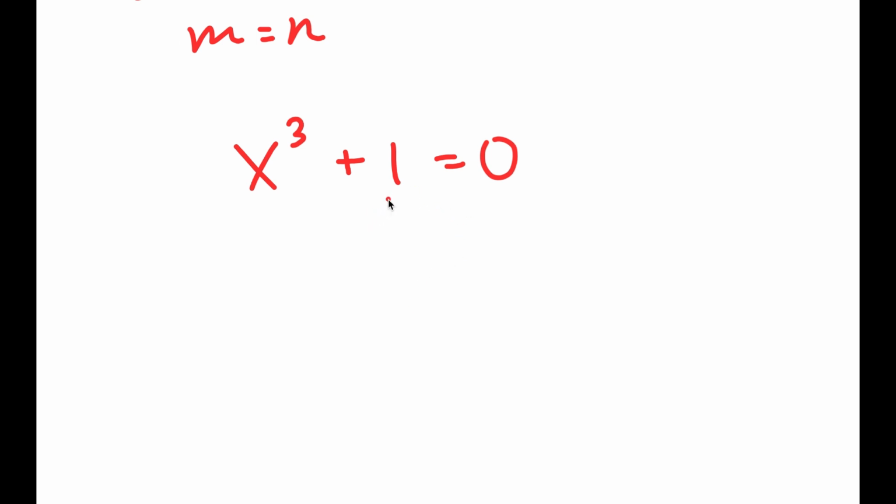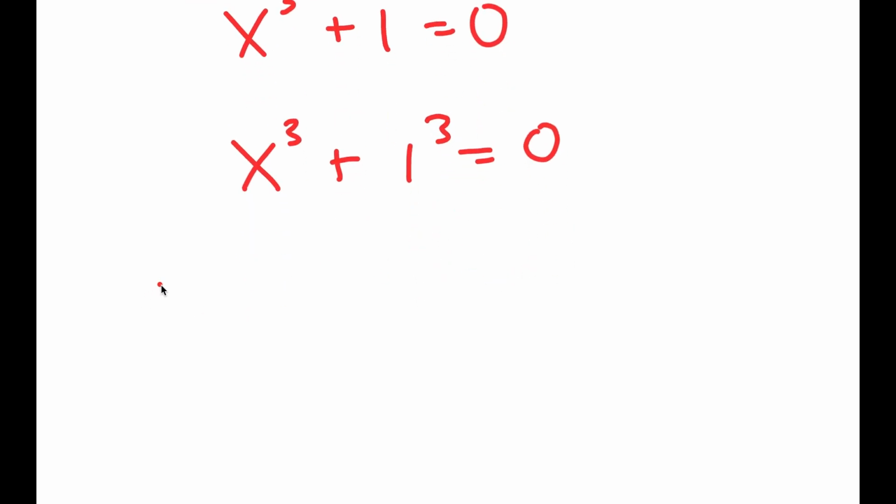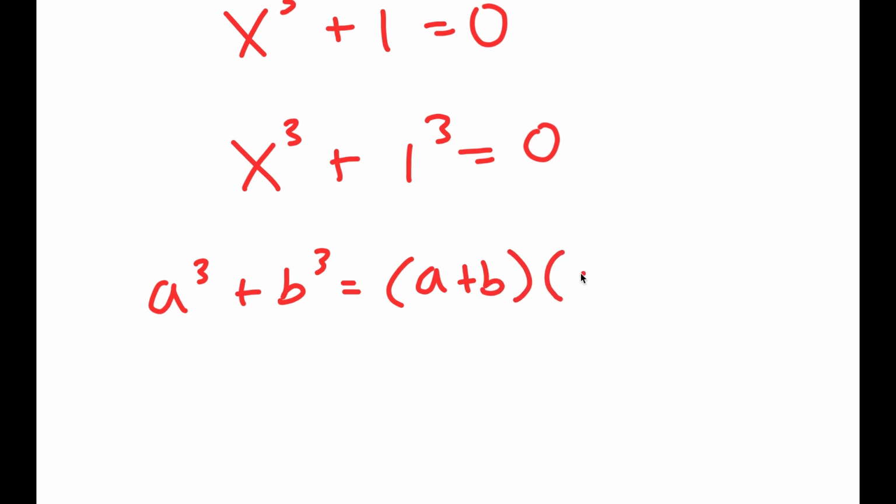Now, from here, I'm going to rewrite this as x to the power of 3 plus 1 to the power of 3 is equal to 0. And if I have something in the form a to the power of 3 plus b to the power of 3, this is equal to a plus b times a squared minus ab plus b squared.